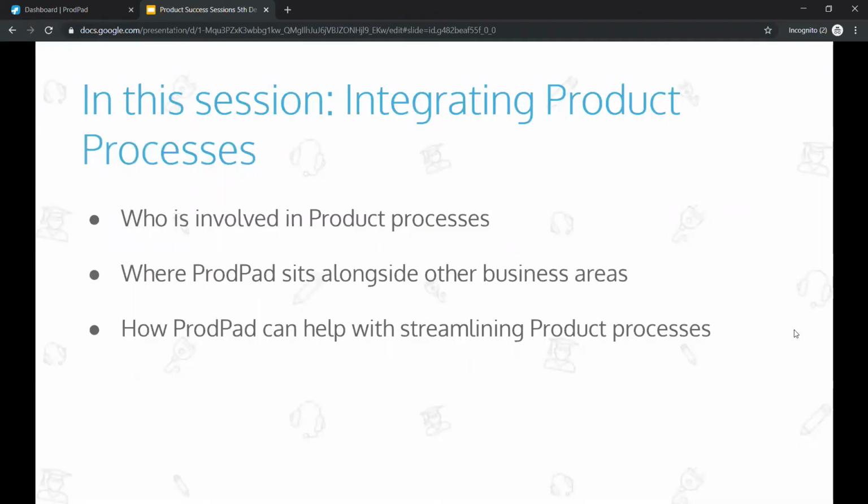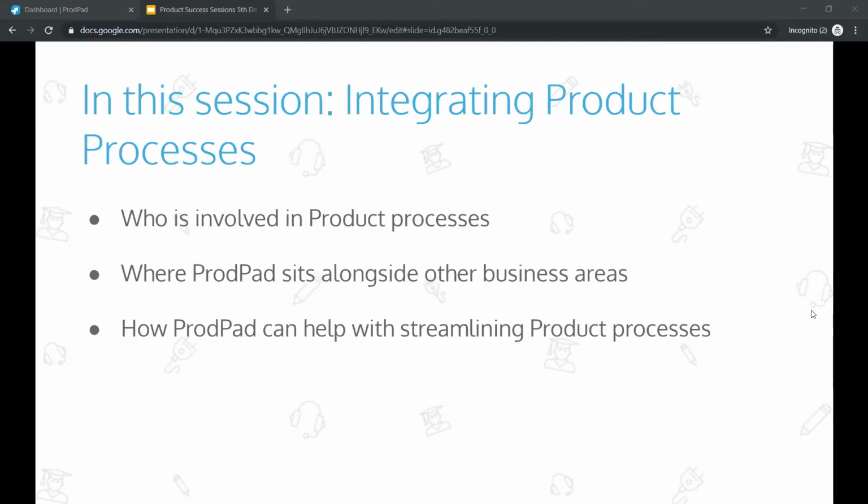As Andrea set out at the start, today we're going to be talking about integrating product processes, specifically looking at who is involved in product within our businesses, where ProdPad sits alongside other business areas and customer facing areas, and also how ProdPad can help us all with streamlining these processes and combining them together effectively.